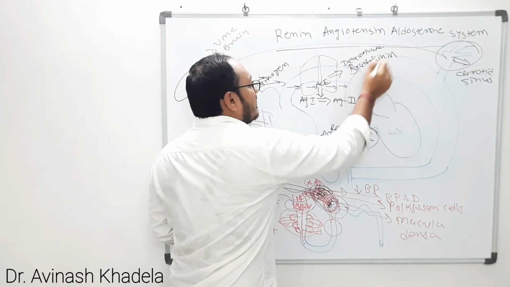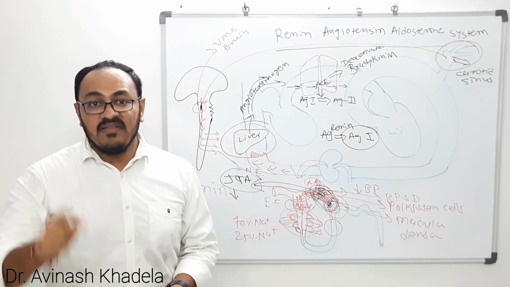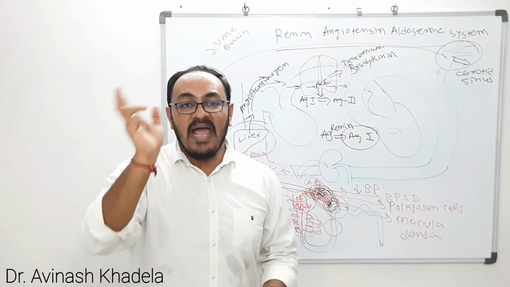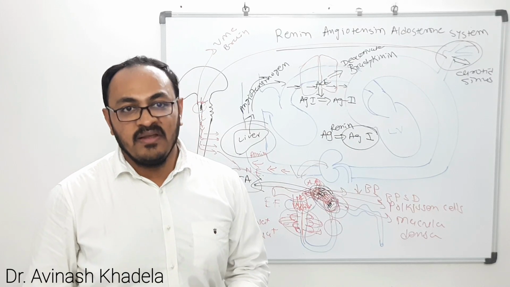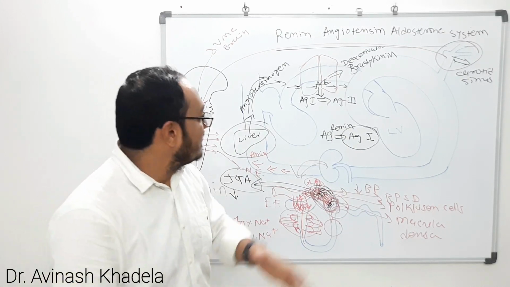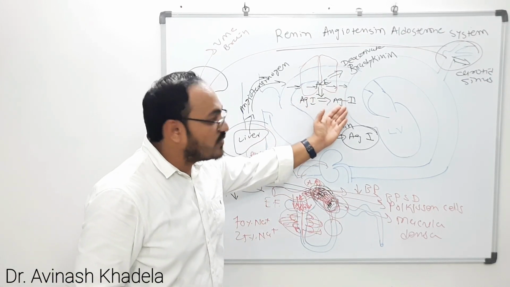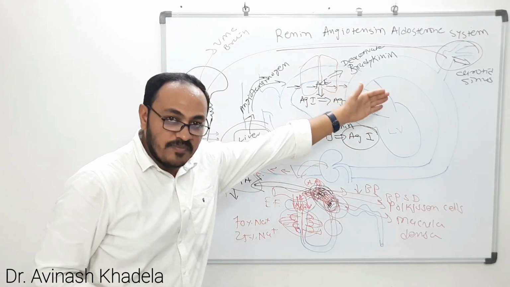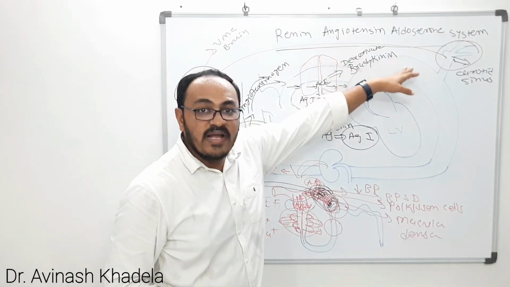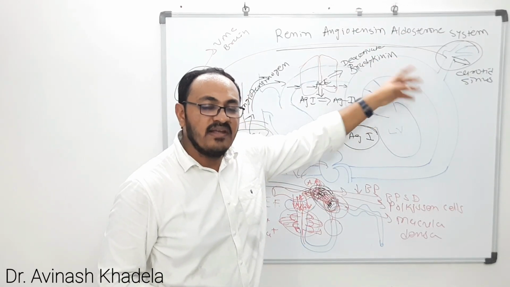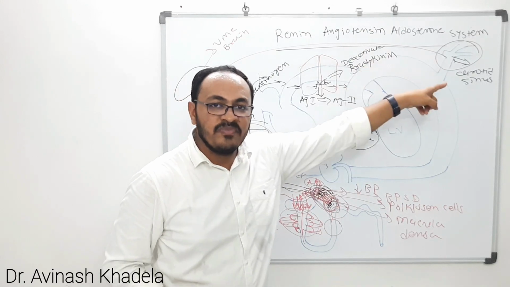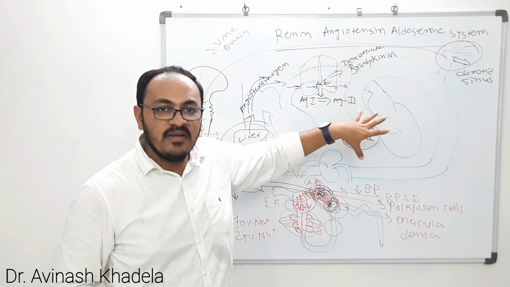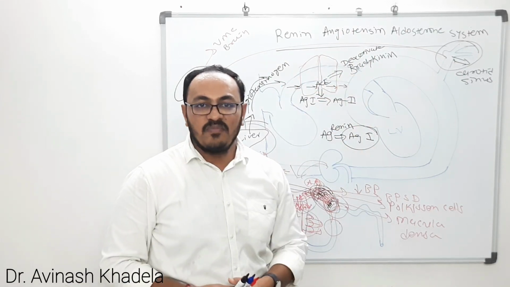Bradykinin is a vasodilator present in the human body. Because ACE converts angiotensin 1 to angiotensin 2, which is a vasoconstrictor, it is increasing the blood pressure, and by inactivating bradykinin, a vasodilator, it is also enhancing the blood pressure. So this ACE has a dual mechanism, which is causing a rise in blood pressure.